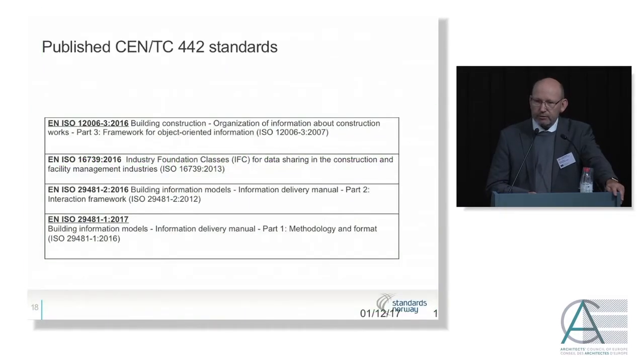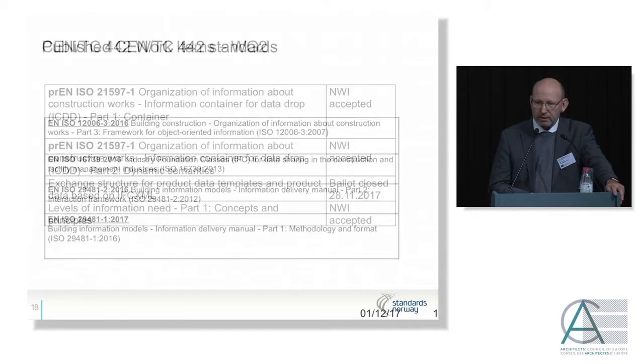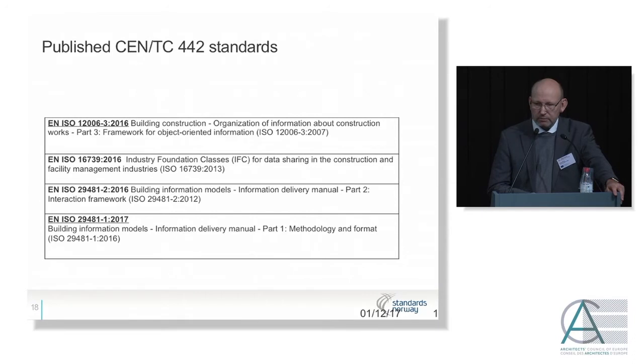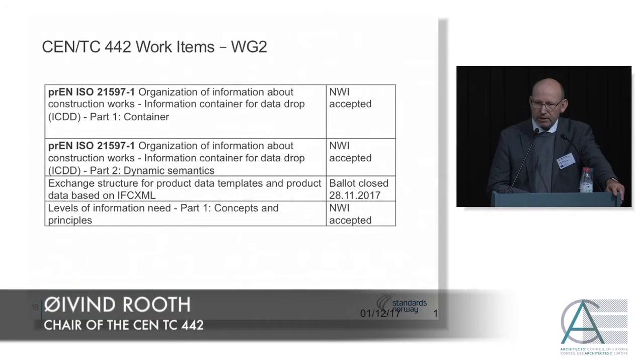Just very quickly through the CEN work program, what we're doing. We have, as I have told you, adopted this standard. They are published as European standards. Working Group 2 is working with these standards here.